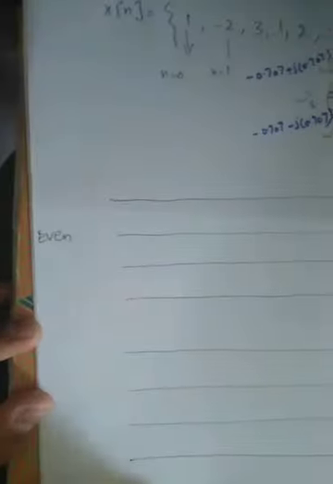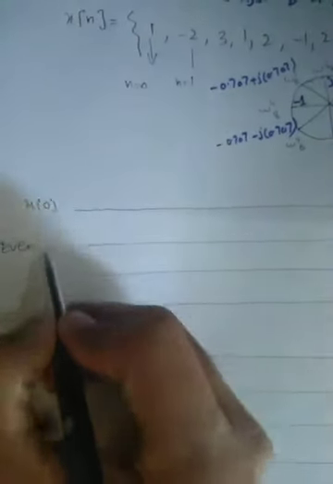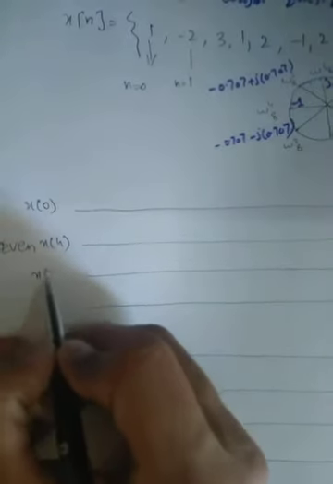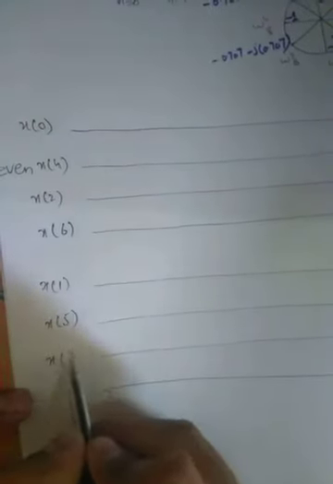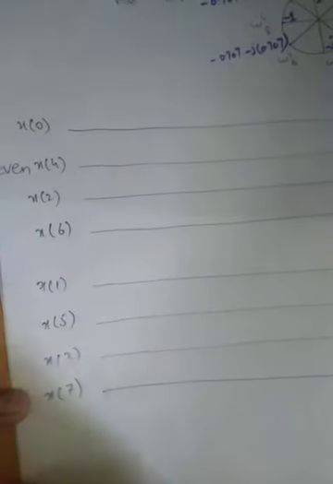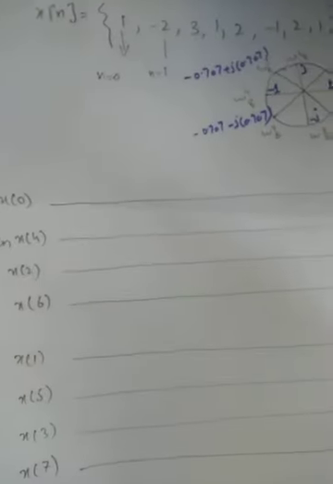So first of all, this is for even values: x of 0, then x of 4, x of 2, and then x of 6. And for odd values: x of 1, x of 5, x of 3, and then x of 7.